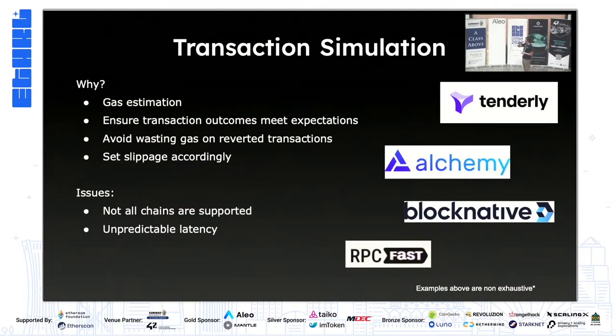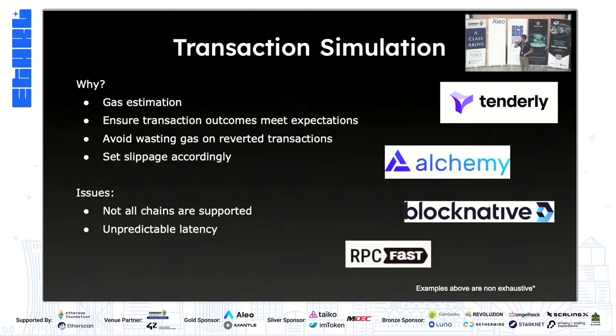You can also have a very high probability of guessing whether your transaction meets your outcomes. If the transaction happens to fail in simulation, then you can avoid sending it, maybe change some parameters, for example, setting a higher slippage before sending it, so as to avoid wasting gas on reverting.